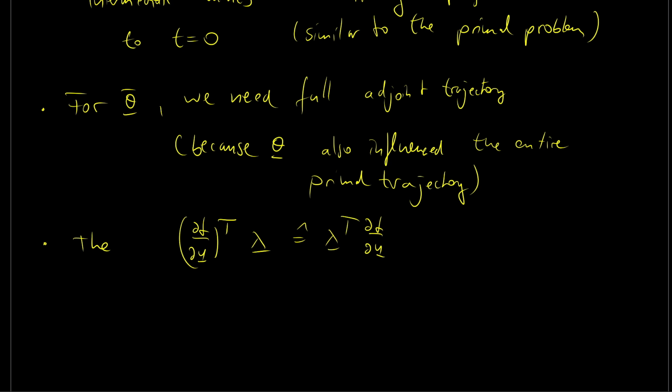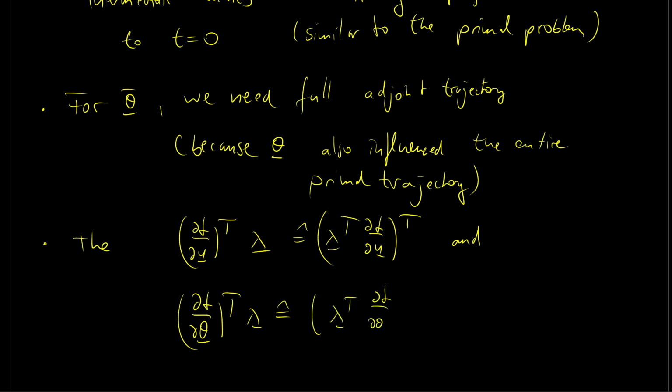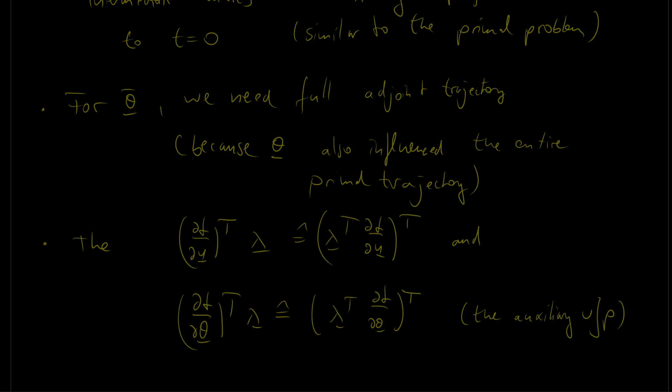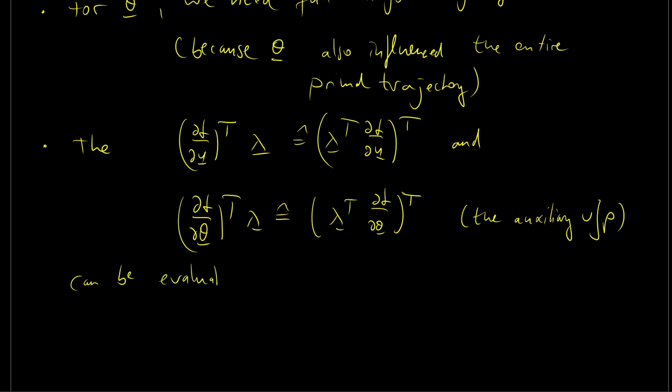Loosely speaking, of course, this would need a transposition, so maybe let me put this like this. And the other one, which was df by d theta in brackets transpose times lambda, which was equivalent to lambda transpose df by d theta in brackets transpose. So the auxiliary vJp's that appear both in the adjoint problem as well as the final evaluation for the parameter cotangent can be evaluated by reverse mode autodiff.